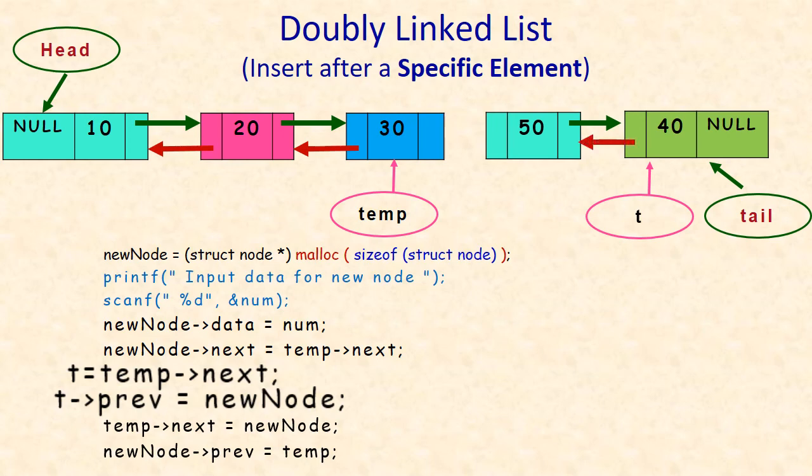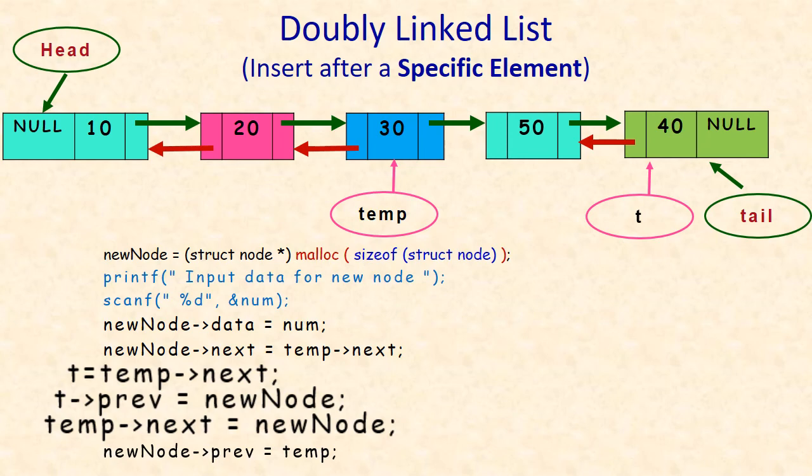Now one side's links are properly arranged. Now the other side's link has to be established. Temp next must hold the address of the new node. That is why temp next is equal to new node, so that this link will be established.